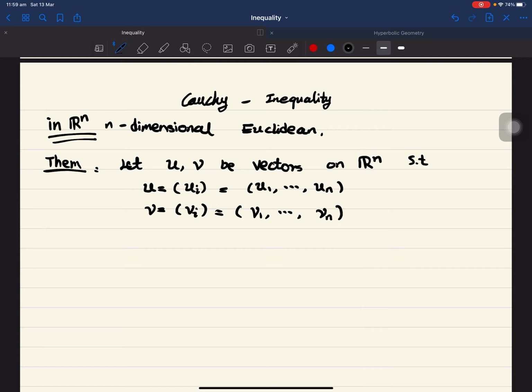Then we have the following: U dot V squared is less than or equal to the modulus of U times the modulus of V.